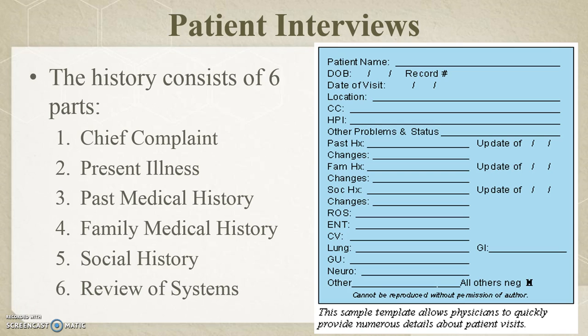For example, mom, dad, brothers, sisters, grandparents, aunts, and uncles, all related by birth. Your social history includes the lifestyle patterns that could affect the health status of your patient. For example, smoking, drinking, recreational drugs, occupation, marital status, diet, and exercise.